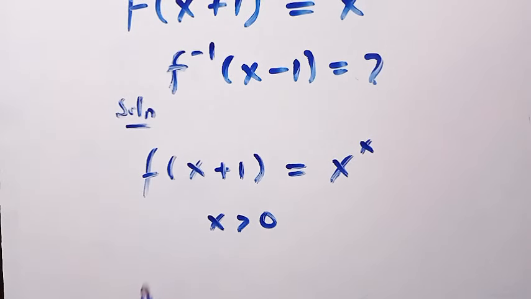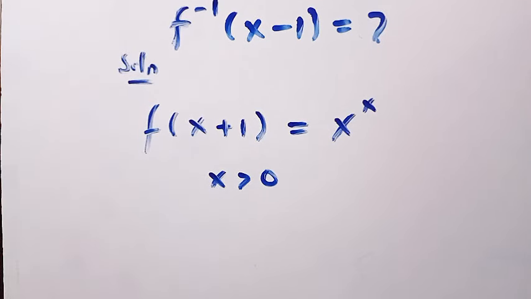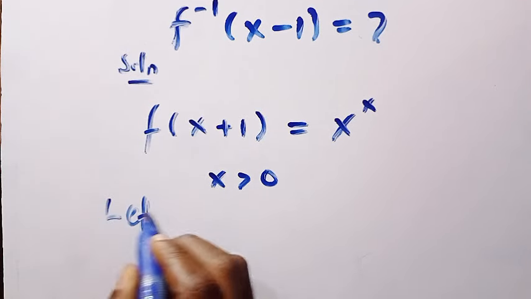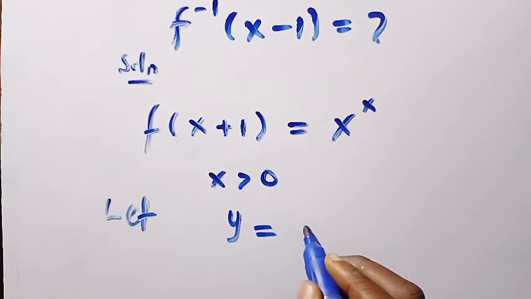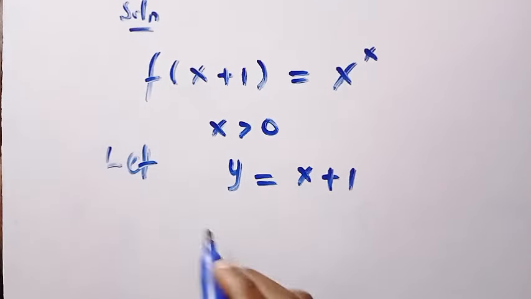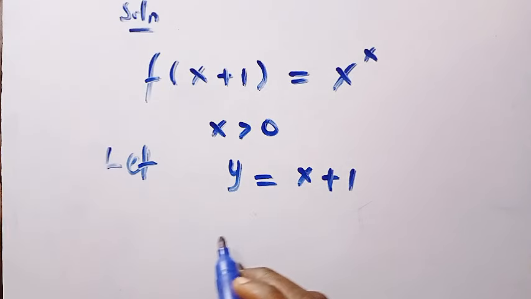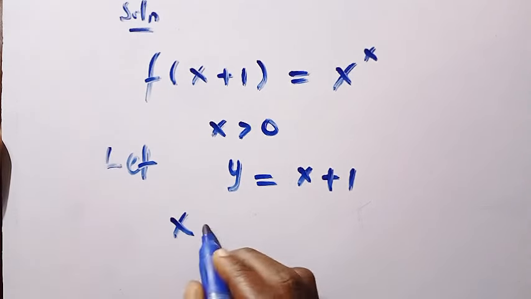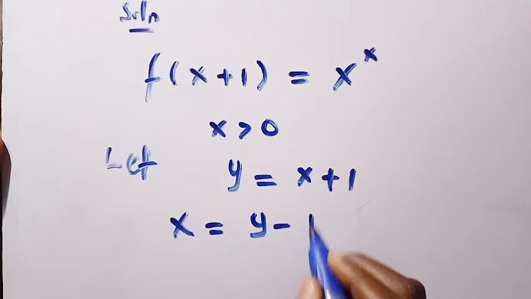What to do first is, I want to reduce this domain to just a single value inside. If I let y be equal to x plus 1, then we make x the subject so that we have x equals y minus 1.